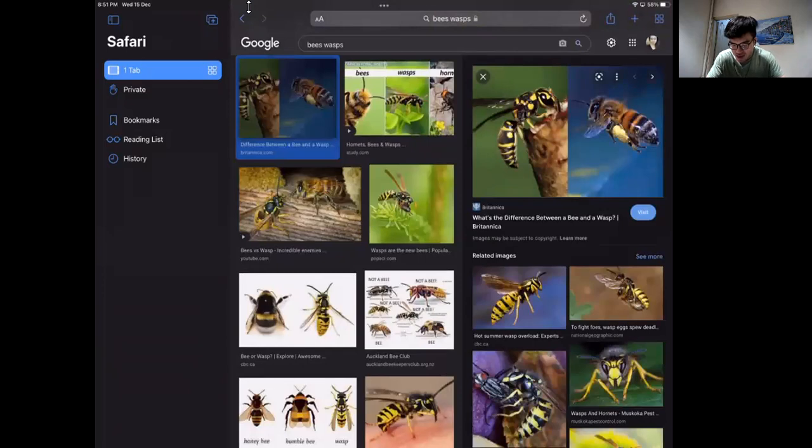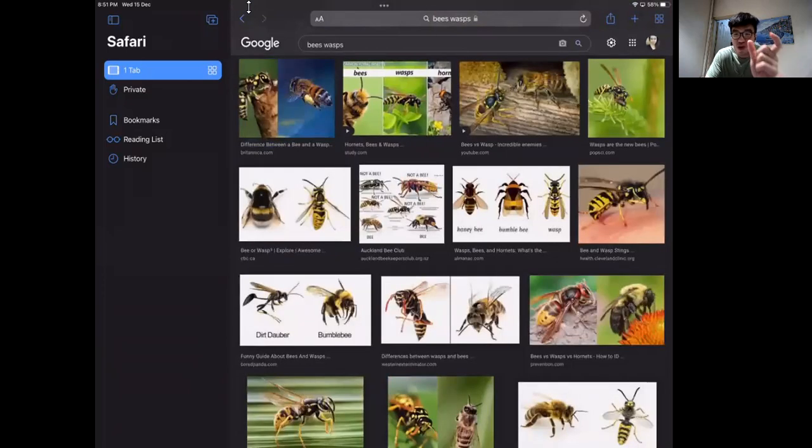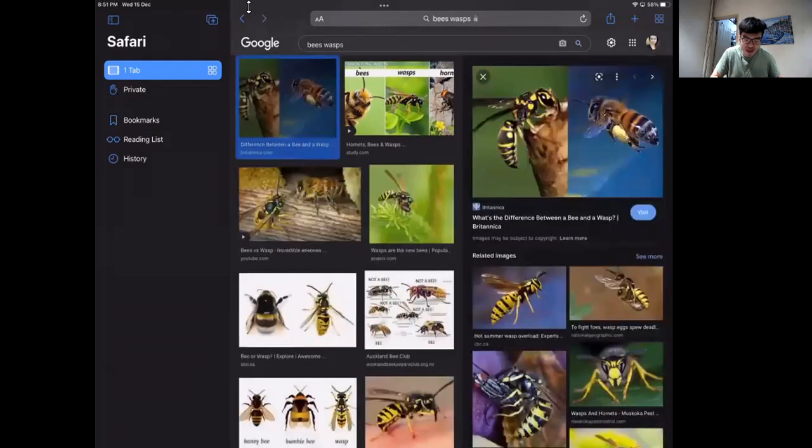Wasps are freaking nasty. You don't kacau bees, bees will not kacau you. But wasps, you don't kacau them, they will come and kacau you. They just want to make your life miserable. So like I said, when you see a wasp or a hornet, please run. Or you wear a net or something.